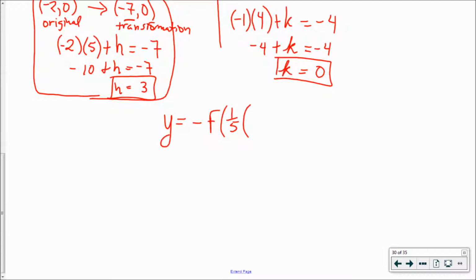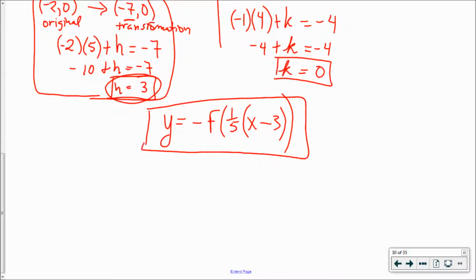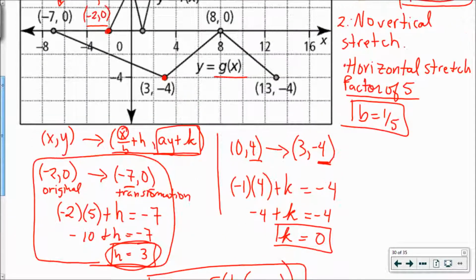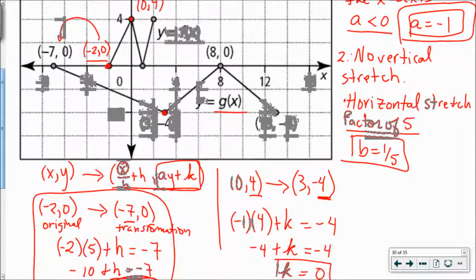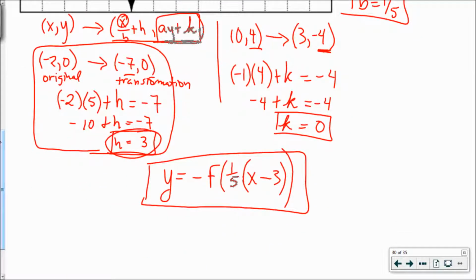So b is 1/5, x minus h, close the brackets, plus k, well, that's just 0, so I won't even bother writing that. And this is the equation of the transformation based on a graph. So this is a little bit more work than the other problems that we looked at. There you go.